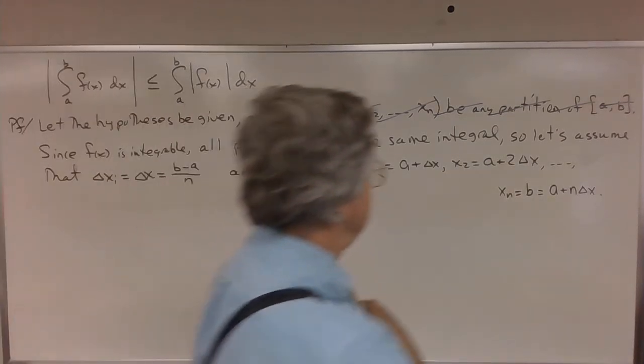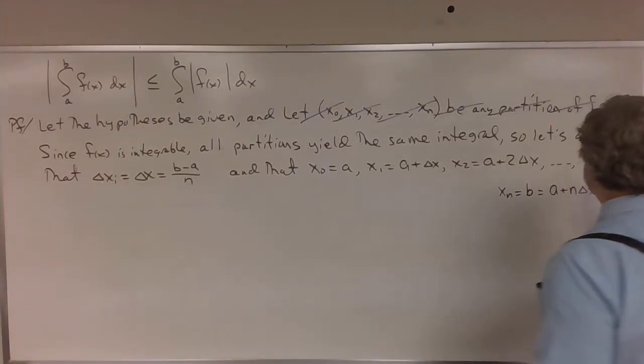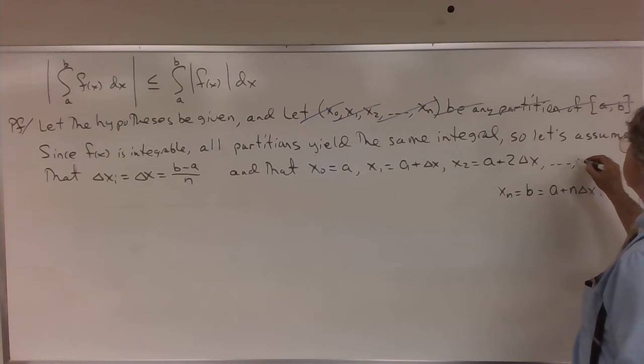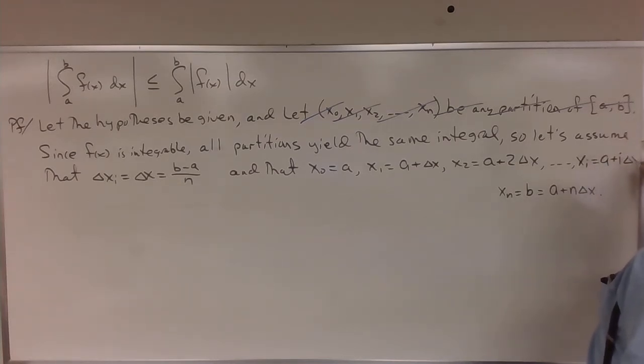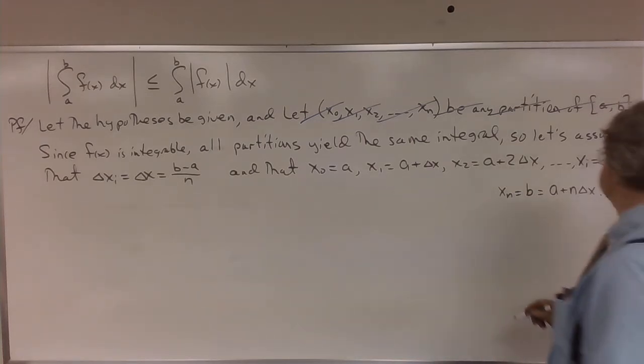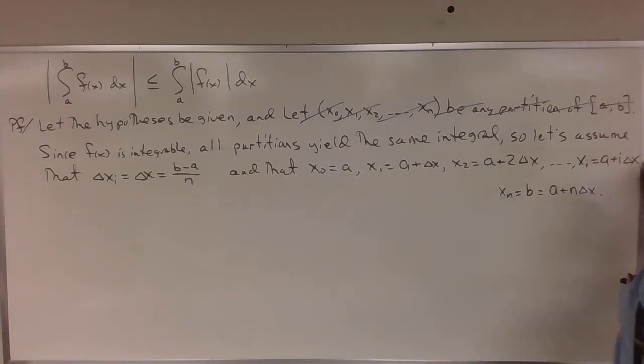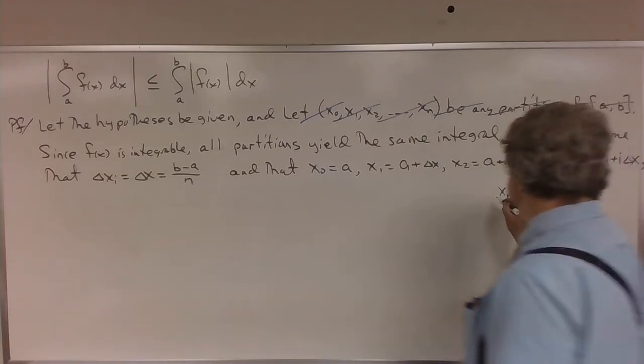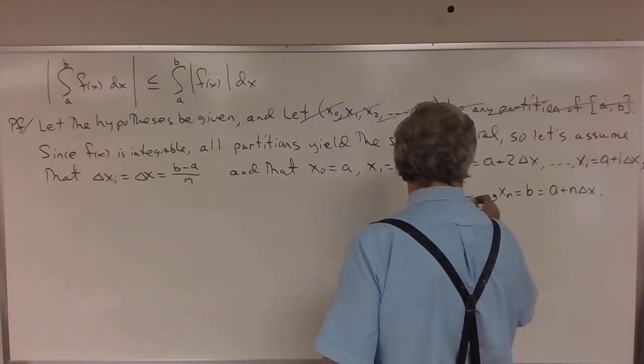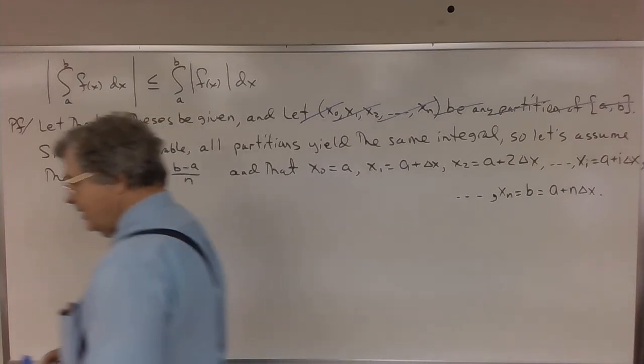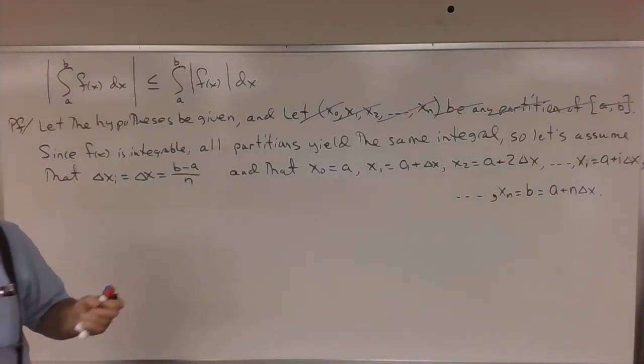Let's see, maybe I can stick something up here. x sub i equals a plus i delta x. Did we fit that in? I think so. So that's the usual partition.